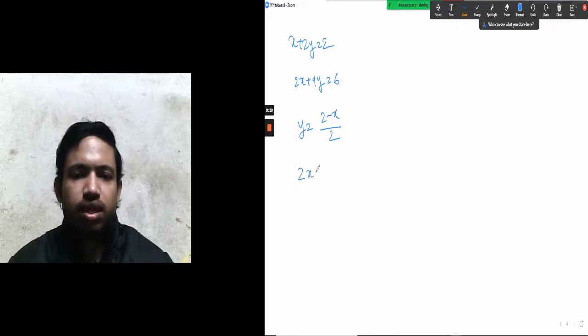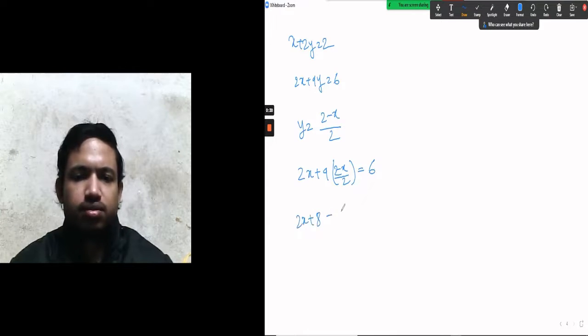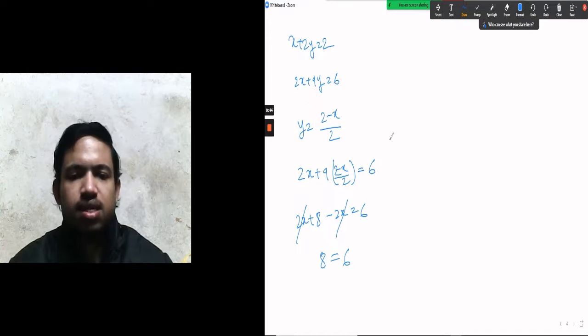Substituting this value in equation 2, we get 2x plus 4 into (2 minus x) by 2 equals 6. This implies 2x plus 8 minus 2x equals 6. Here 2x gets cancelled and we are left with only 8 equals 6, which is never possible. Since this is impossible, there is no solution which can satisfy both equations. So, these two equations are inconsistent.